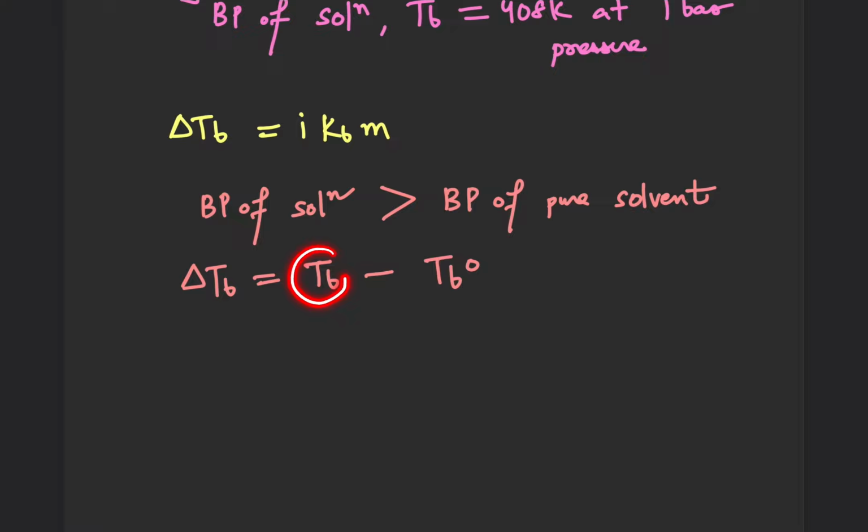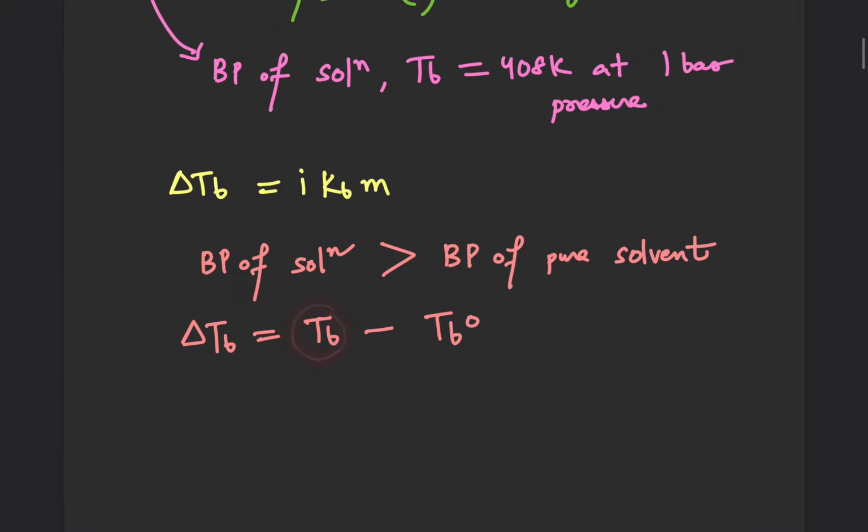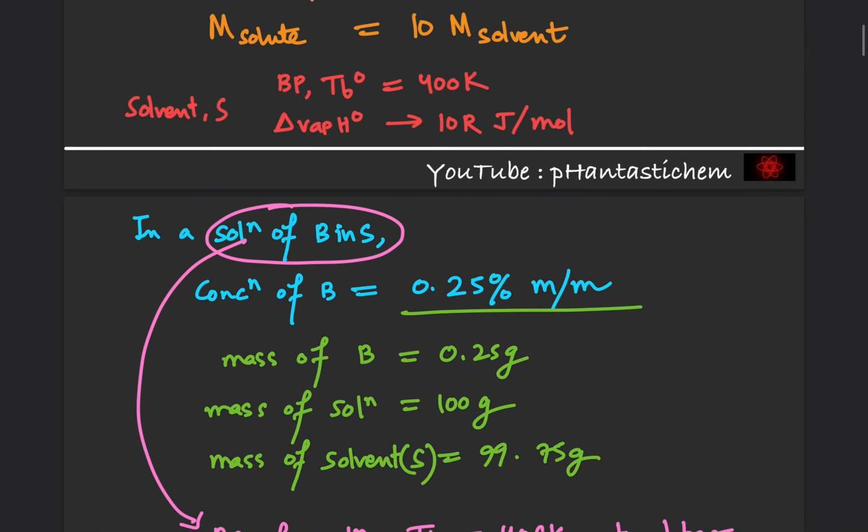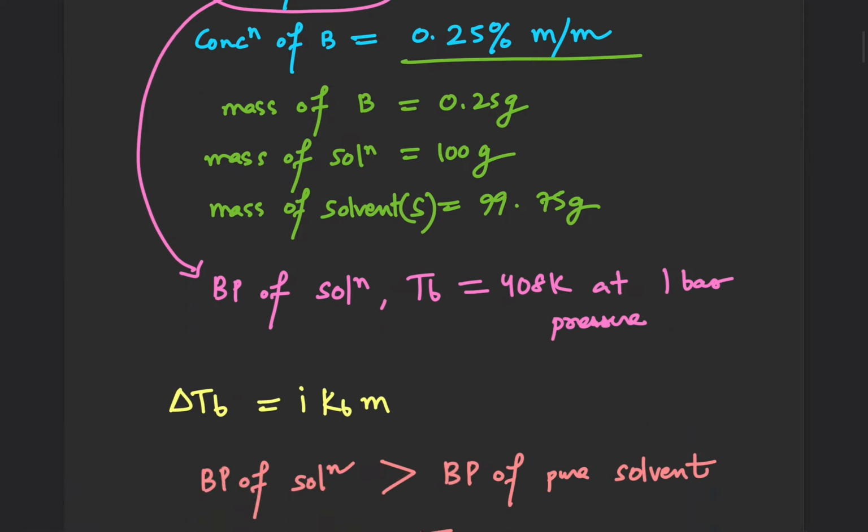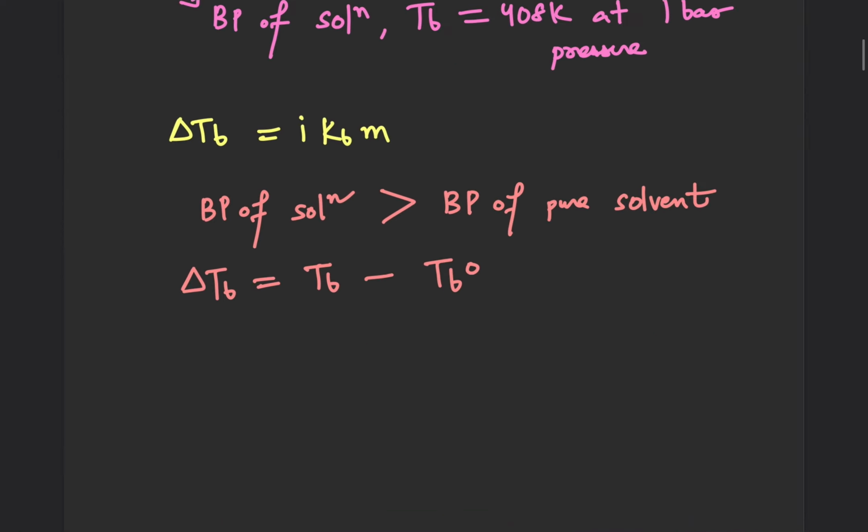So this T_B is the boiling point of solution, which is given to us as 408 Kelvin. This T_B naught is the boiling point of pure solvent, which is also given to us as 400 Kelvin. Okay. So therefore delta T_B will be equal to 408 minus 400, that is 8 Kelvin.